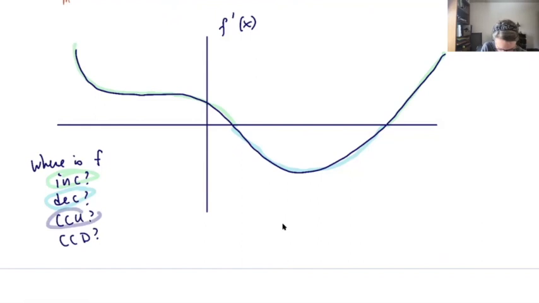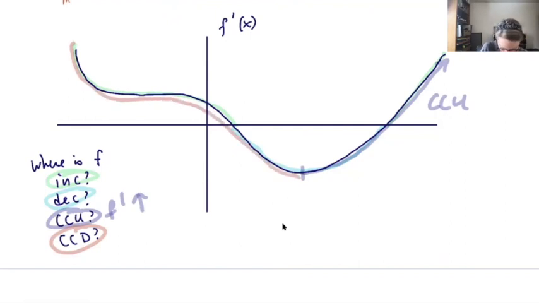And we have concave up when f prime is increasing. So it looks like from about here on up, we would have concave up on the original function, and concave down when f prime is decreasing. So whenever this function is decreasing. Right around in here, we might have something else going on.